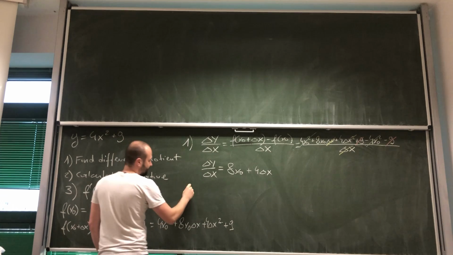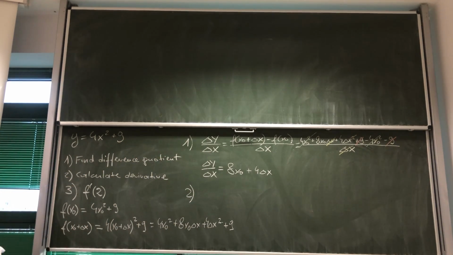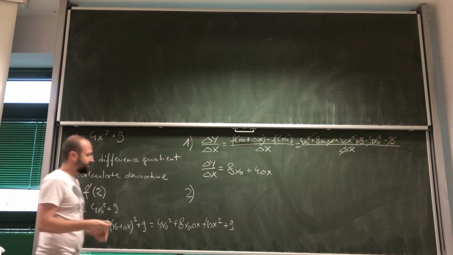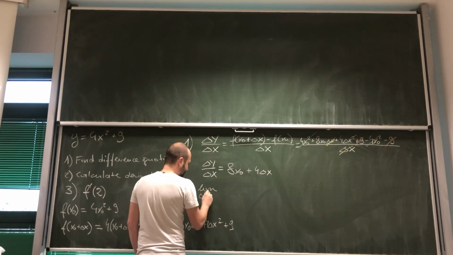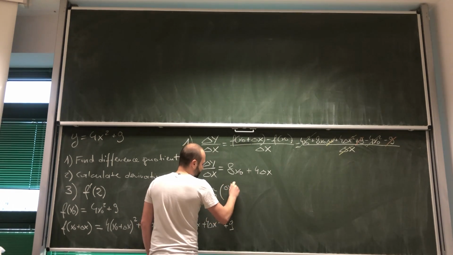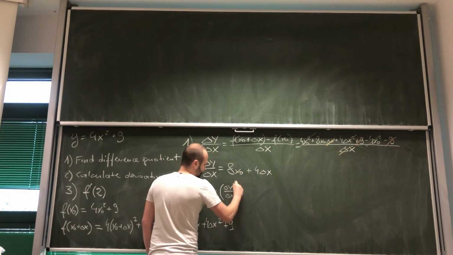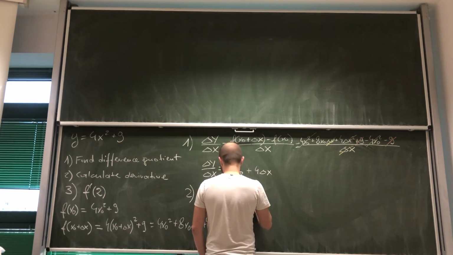So now let's get to point number 2. We need to calculate the derivative. If we want to calculate derivative, we need to find the limit with delta x approaching 0 of delta y over delta x. So we calculate the limit of the expression above.